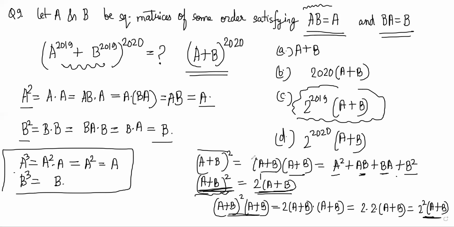So you can use that again and again. If you want A plus B whole power 4, you will write it as A plus B whole cube into A plus B. A plus B whole cube is 2 square times A plus B, so that will be 2 cube times A plus B. Similarly, you will get this answer.